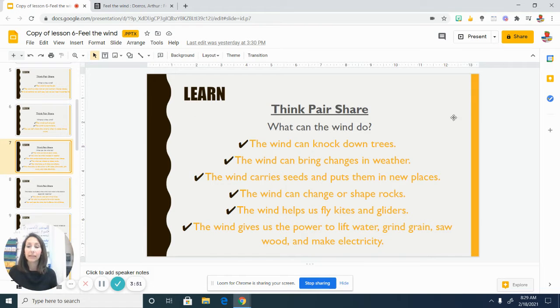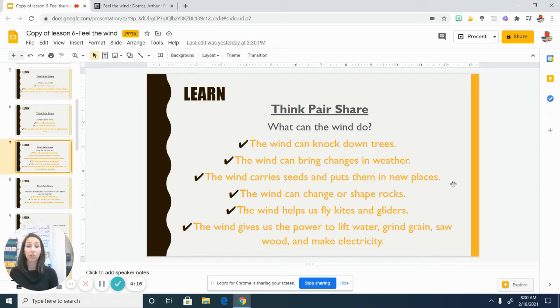And then lastly, let's think about, what can the wind do? What are some of the things that we learned in this text and some of our other research that the wind can do? Here are some examples I thought of. It can knock down trees. It can change the weather. It brings changes in the weather. It can carry seeds.